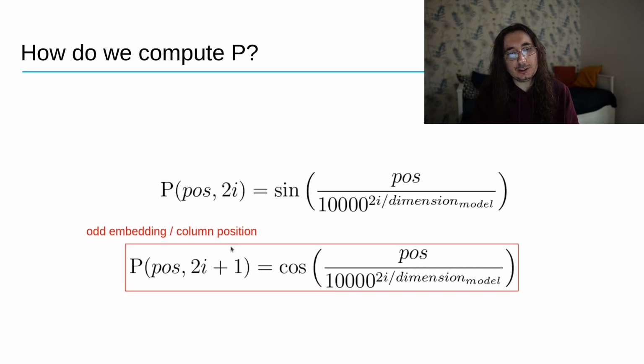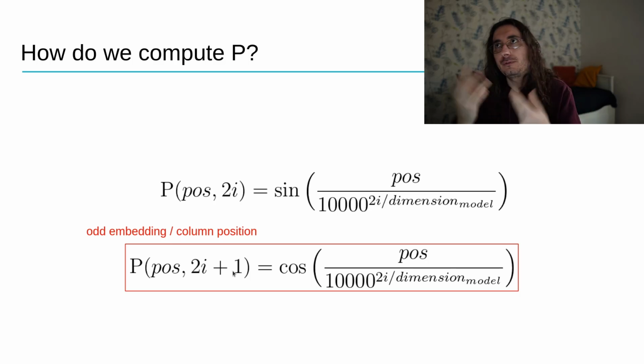And for odd embedding positions or column positions, we use this bottom formula with the cosine. And we see that this is the odd column position because it's 2i plus 1. That's an elegant way of referring to odd numbers.